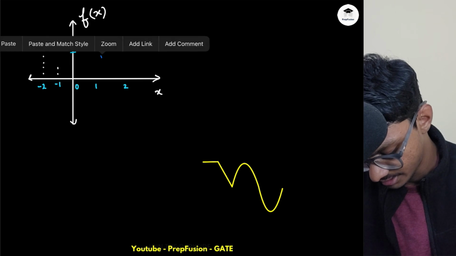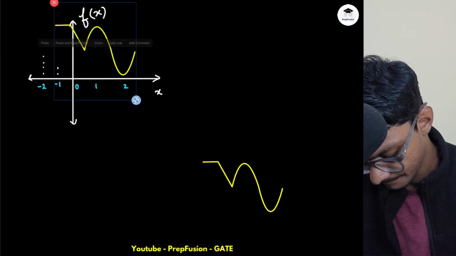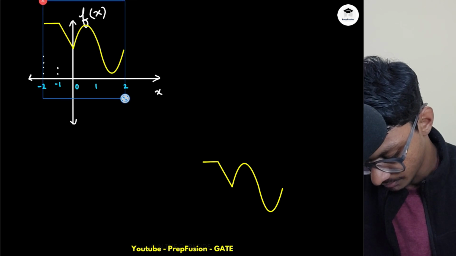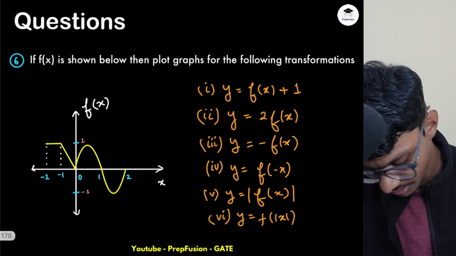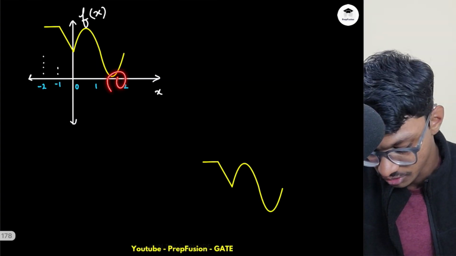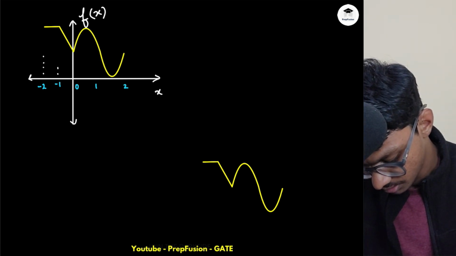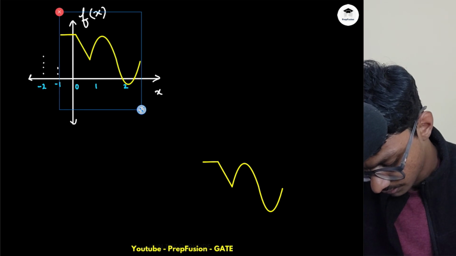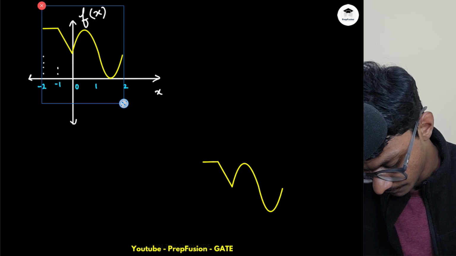So if everything gets shifted above by 1, this will be something like this, because the lowest point was at -1, so the lowest point will reach 0.